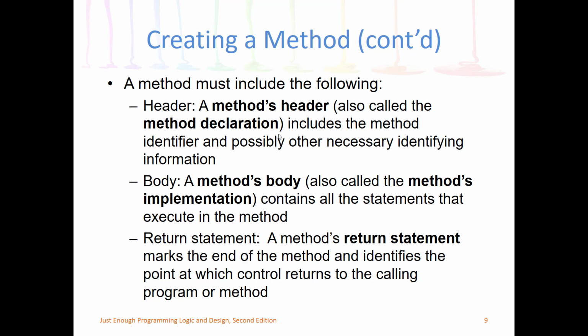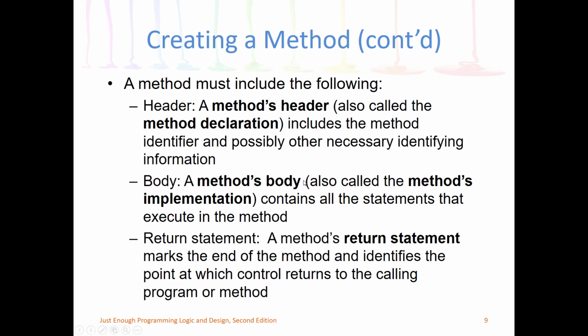A header, which is like a for loop has a header. It's also called the declaration. It includes the method identifier and possibly other necessary identifying information, and that would be in the arguments list, and we'll get into that later. A method's body, which is also the implementation. That's the code you're going to run inside of it. And then a return statement.